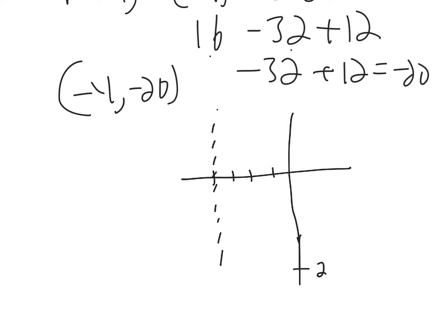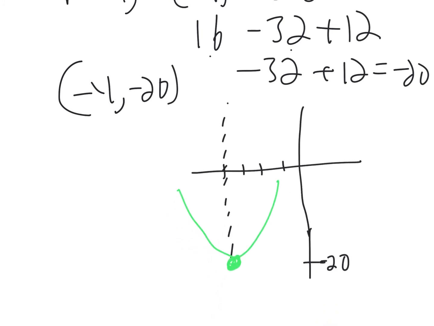I know the y-coordinate is way down here at negative 20. So negative 4 and negative 20. And then it moves up this way somehow. I know it moves up because it opens up, because that original equation was positive x squared. Wasn't it plus 8x plus 12?